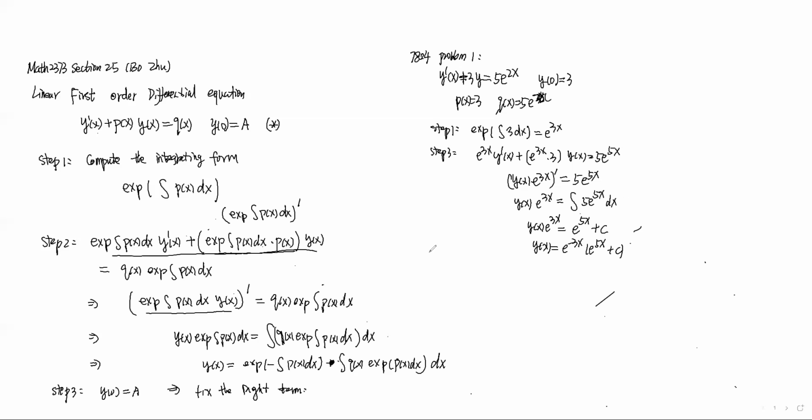Okay, and then we have step 3: plug in the value y(0) = 3. So we get 3 = y(0) = e^0 + c. So we got c is 3. Hence, y(x) is e^(-3x)(e^(5x) + 3).